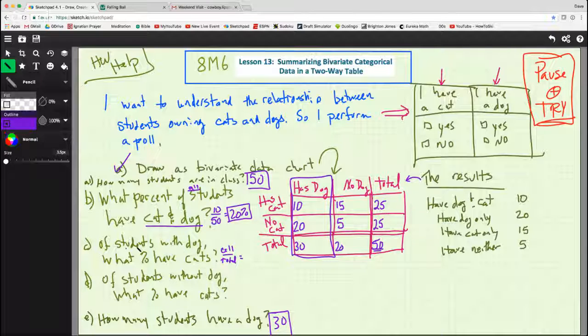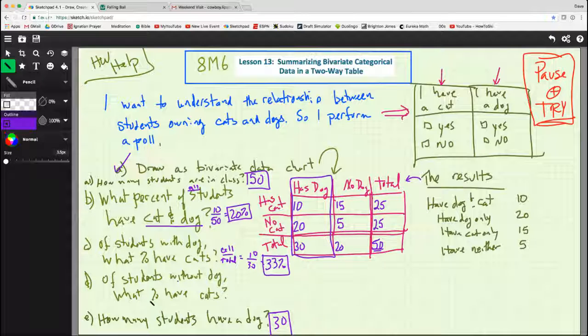Of students with a dog, what percent have cats? Well, 10 have cats over our total, and that's equal to 33%. 30 students have dogs, and of those, 10 have cats. So 10 out of 30, or 33%, have cats.